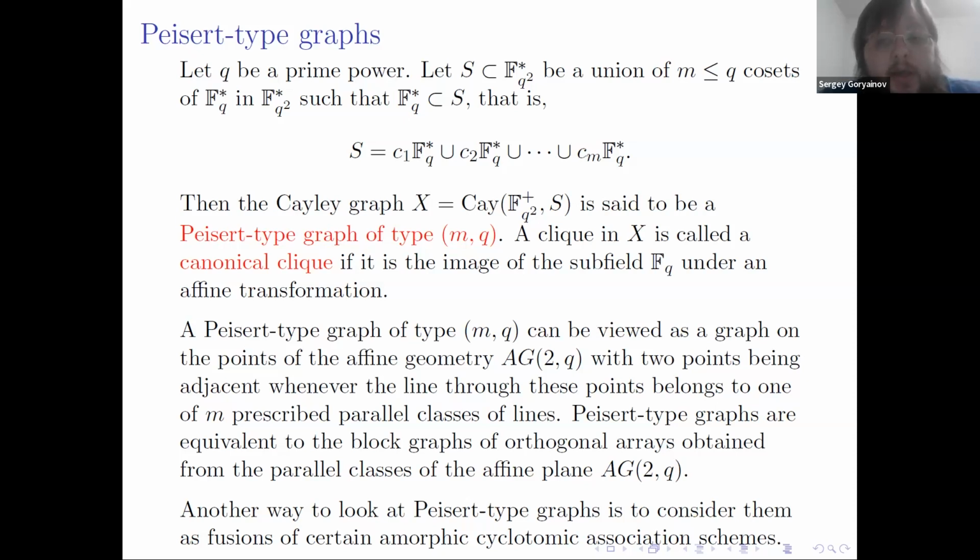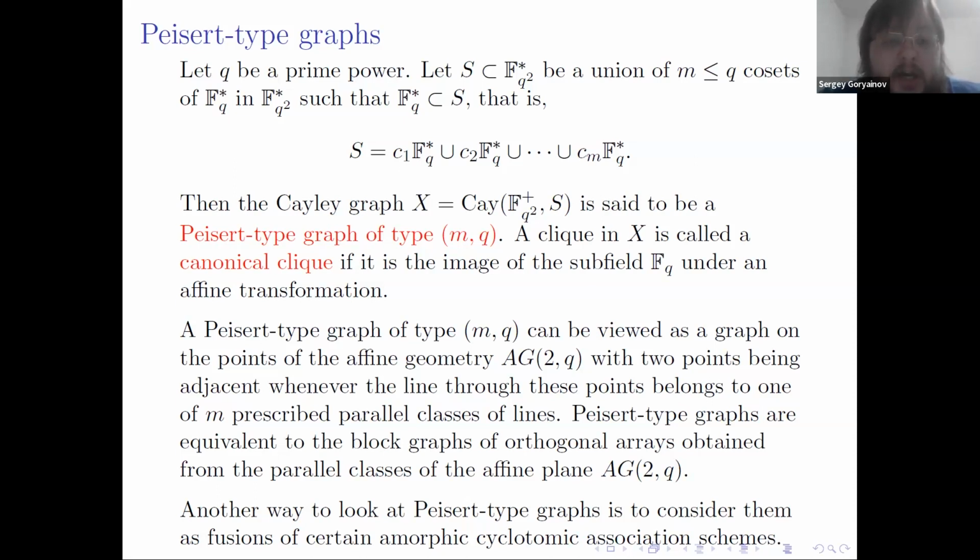A clique in X is called a canonical clique if it is the image of the subfield F_q under an affine transformation. A Peisert-type graph of type (m, q) can be viewed as a graph on the points of the affine geometry AG(2, q), with two points being adjacent whenever the line through these points belongs to one of m prescribed parallel classes of lines.